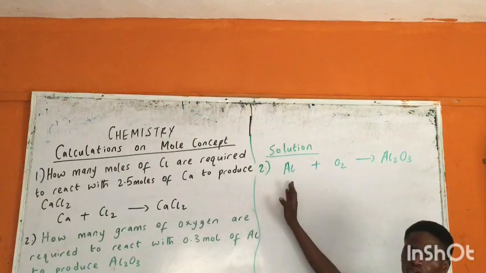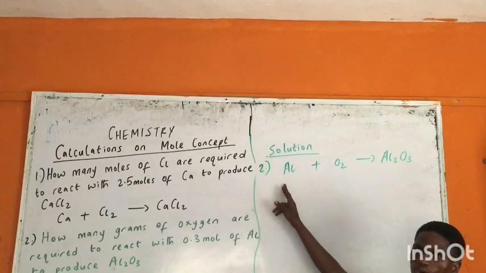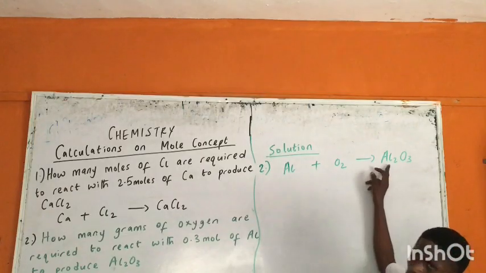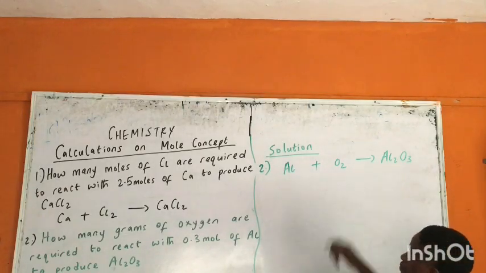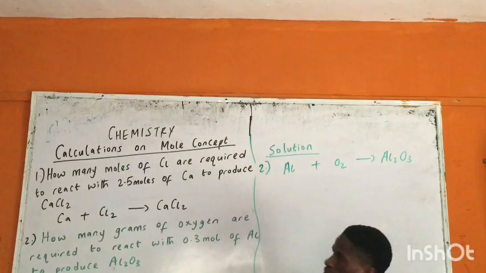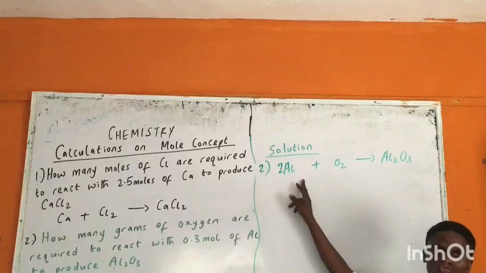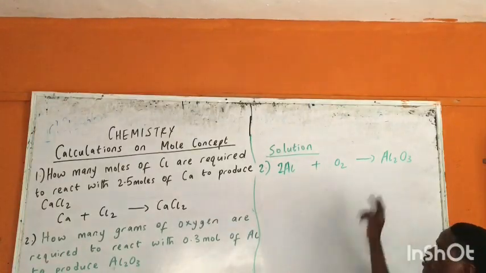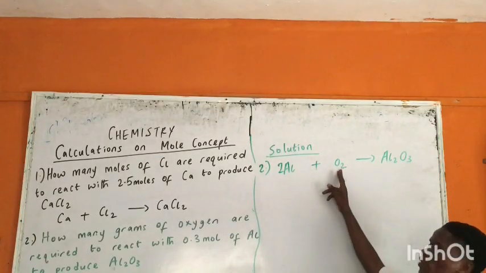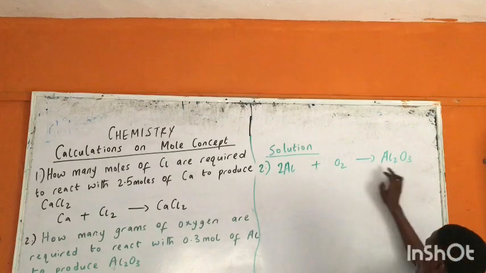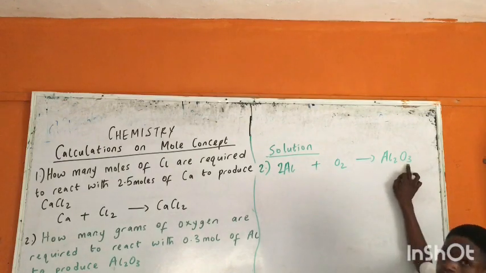How many aluminium do you have here? We have 1 aluminium here, we have 2 aluminium here. So we put 2 here. So we have 2 aluminium, 2 aluminium. We have 2 oxygen and we have 3 oxygen.